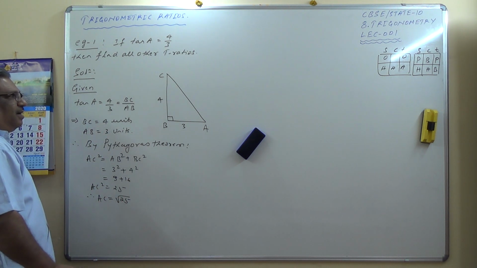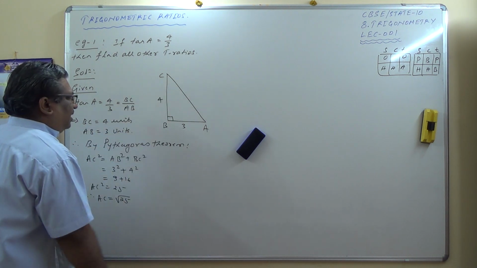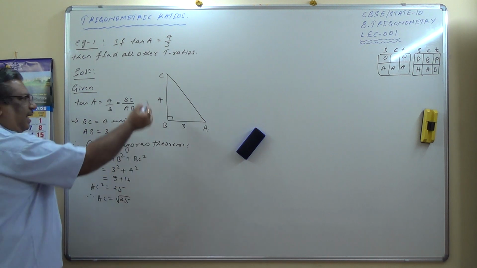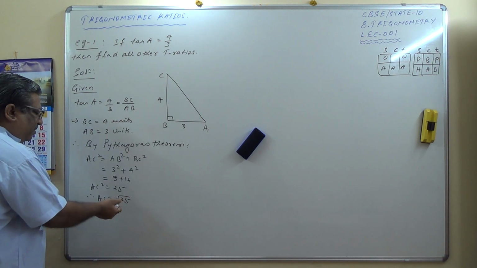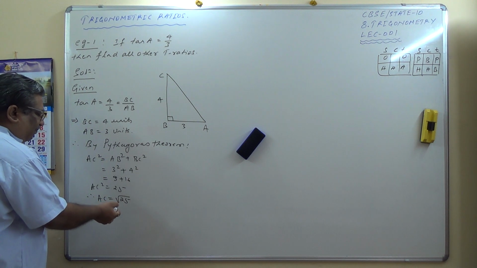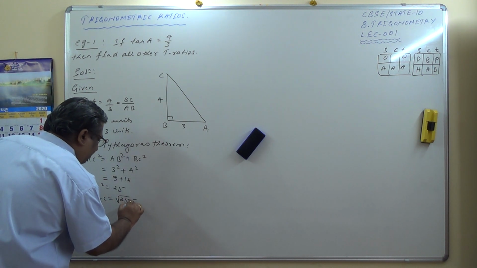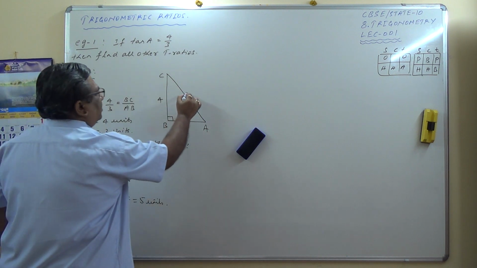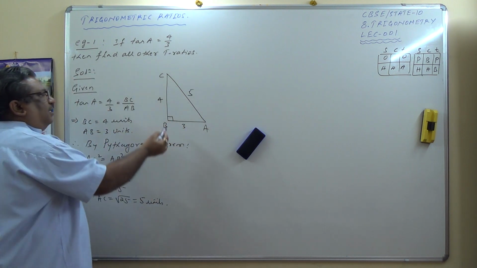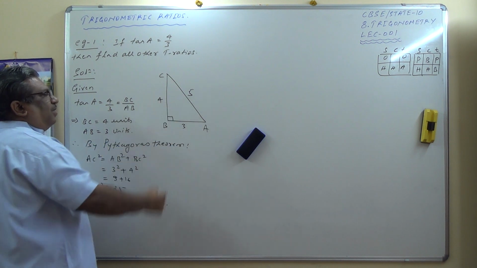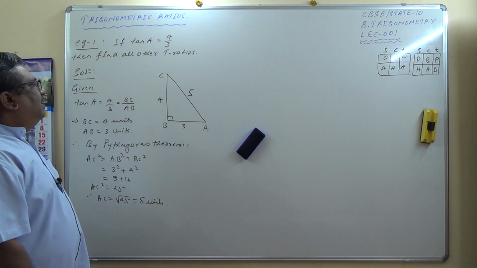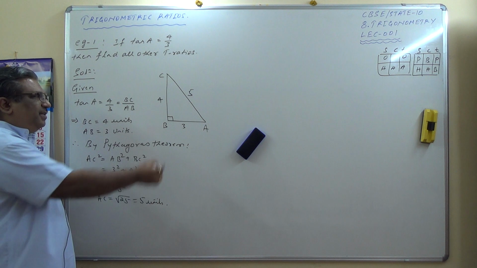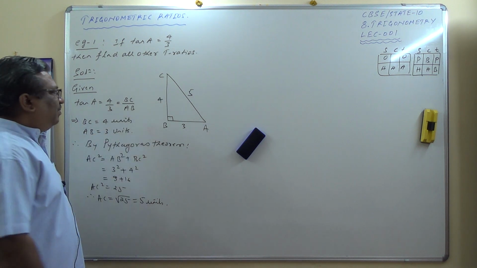Plus or minus will be there, but the sides of the triangle are lengths, basically scalar quantities, and therefore I have to consider only the positive value. Therefore AC equals under root of 25, which is 5 units. So this is 5 units. You can see here 3, 4, 5 are Pythagorean triplets. Are these Pythagorean triplets? 3, 4, 5? Yes.